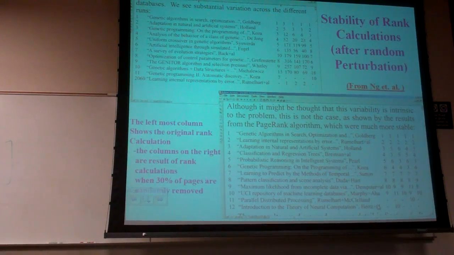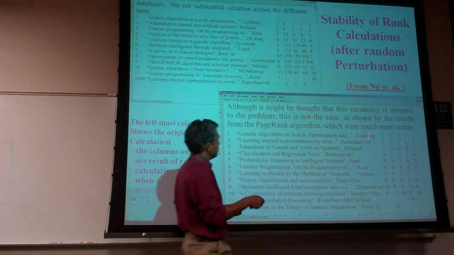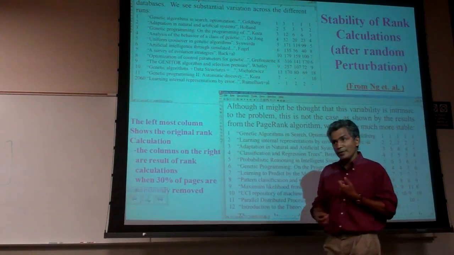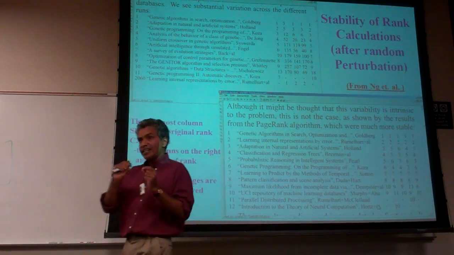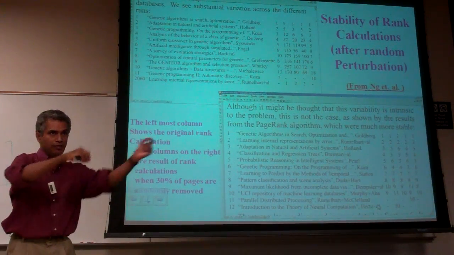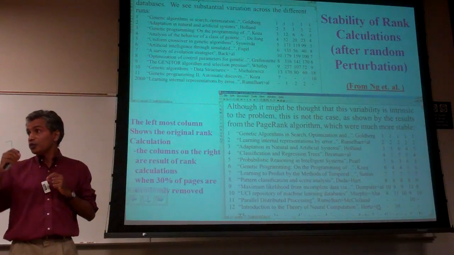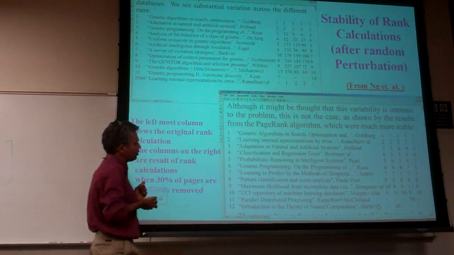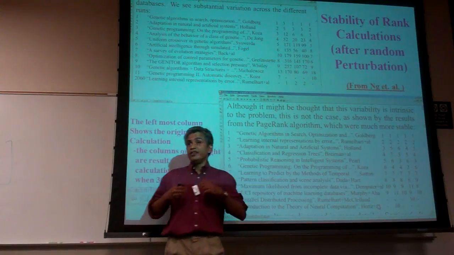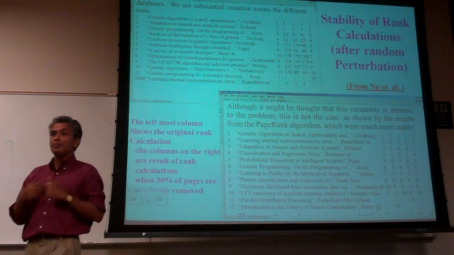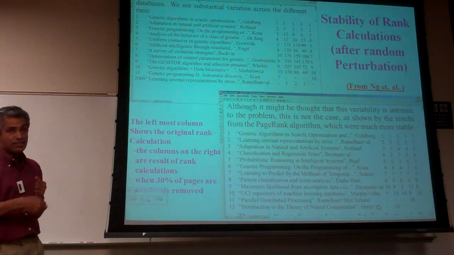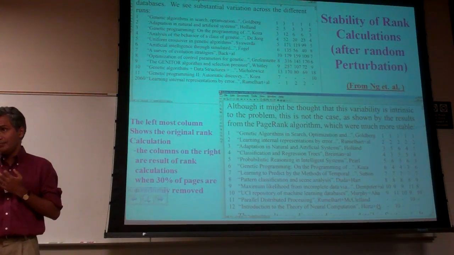Okay, in this particular case, this guy Andrew Lang essentially took a whole bunch of machine learning papers and looked at their citation structure. Papers refer to each other. So those are the links. Okay? So using those links, he tried to figure out, mirror on the wall, which is the most important machine learning paper of them all. Okay? And then he computed that using PageRank as well as authorities hubs.